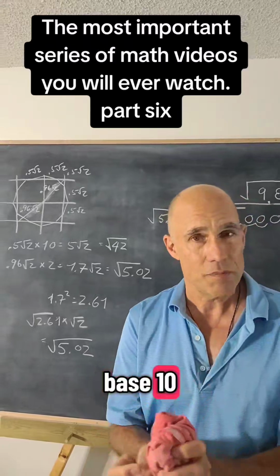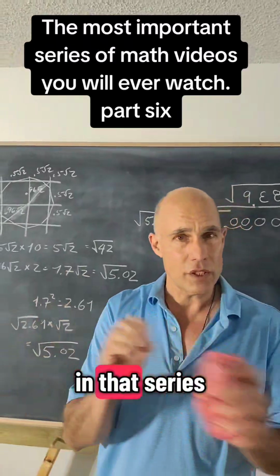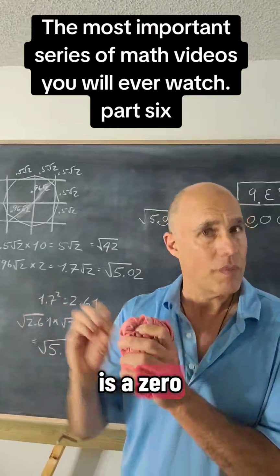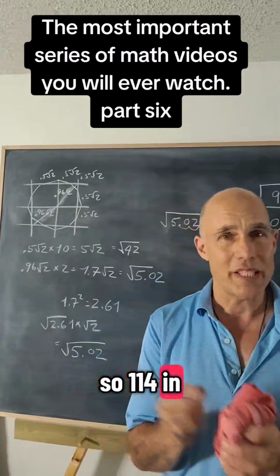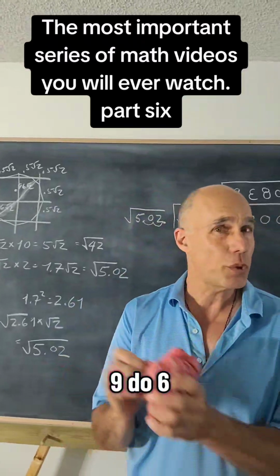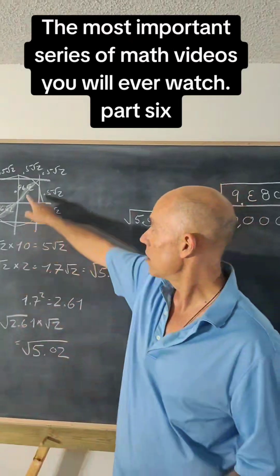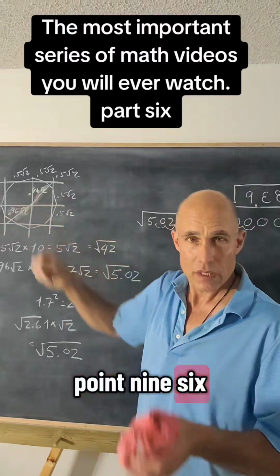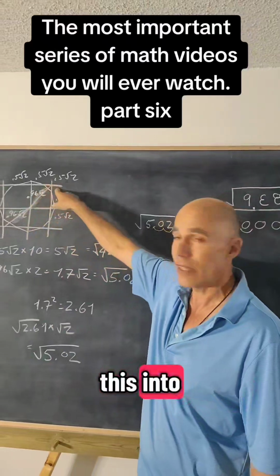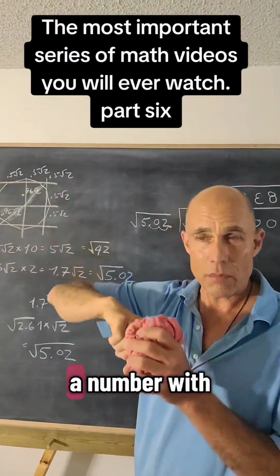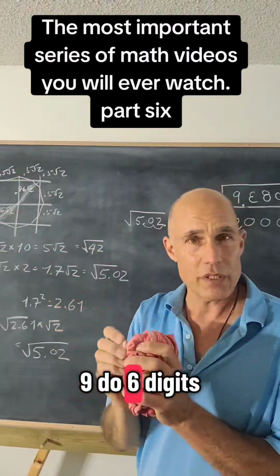That's in base 10. The last digit in that series is a 0, and then it repeats. So 114 in base 12, that's 9 do 6. Here we have 0.96. So the entire length of this equation, when we're dividing this into that, gives us a number with 9 do 6 digits.